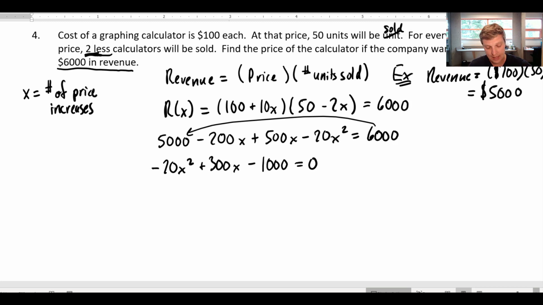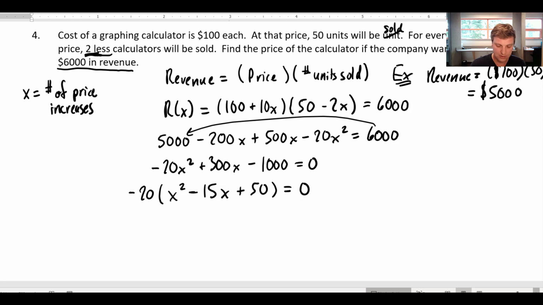So, let's see, what can I do here? Well, I can actually factor some things out. I'm going to factor out negative 20 because I think that's going to come out. So negative 20, this leaves behind an x squared. Don't forget, when I take out a factor of negative 20, 300 divided by negative 20 will give me negative 15x, and then taking out a negative sign, this becomes plus, and 1,000 divided by 20 is going to be 50.